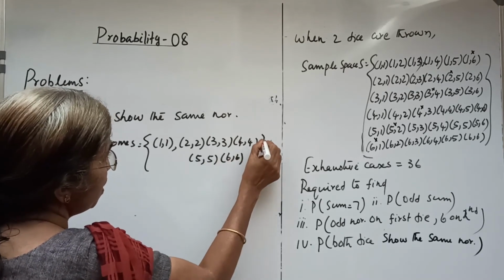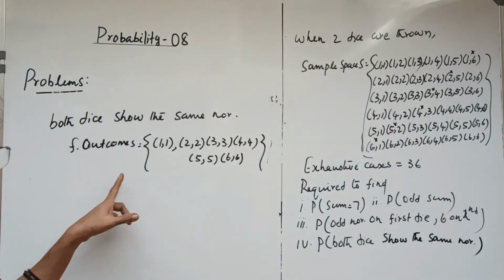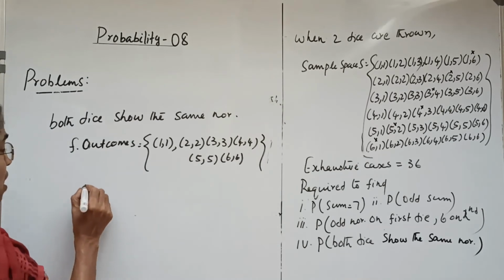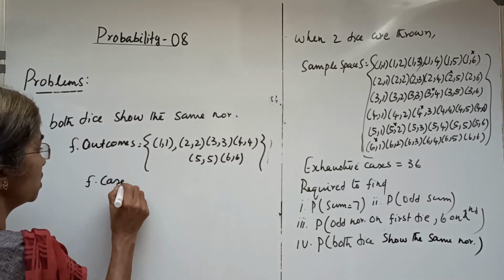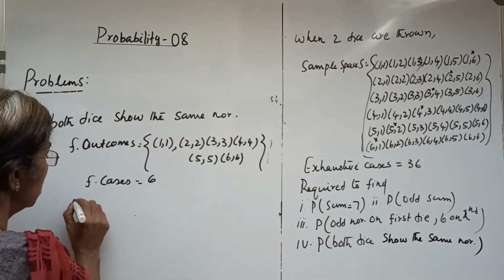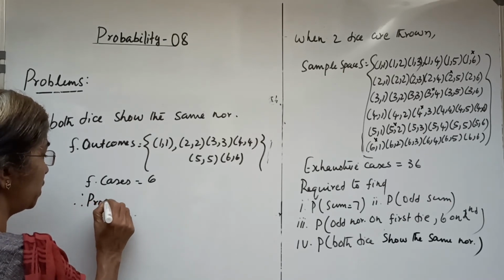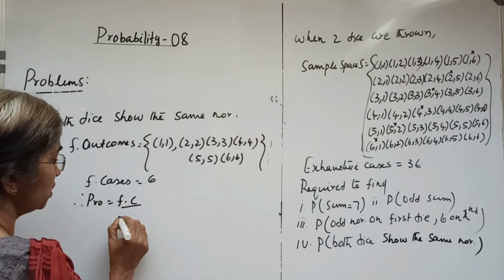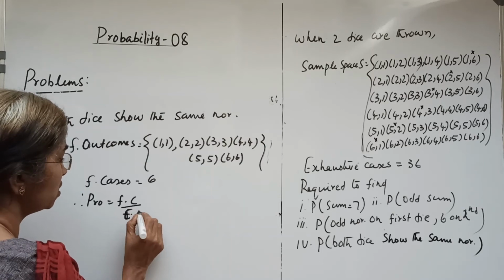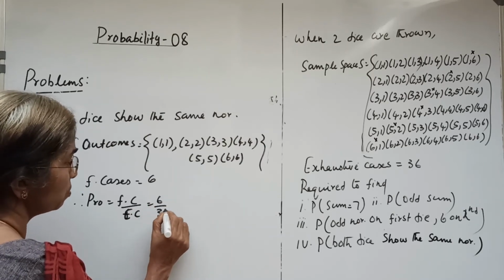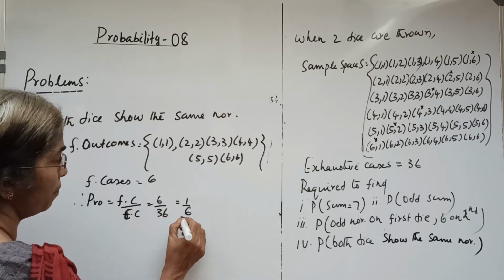Depending upon the conditions we write the favorable outcomes, and hence favorable cases equal to 6. Therefore required probability equals favorable cases divided by exhaustive cases, 6 by 36, equal to 1 by 6.